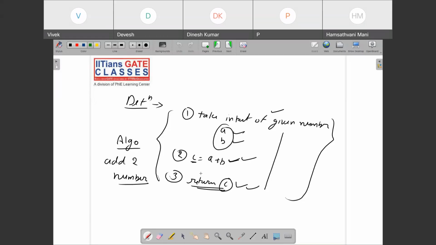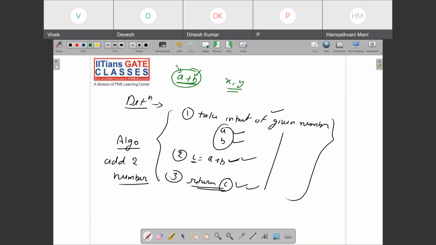For example, a very simple example: I want a summation of two numbers. Okay, I want a plus b, and I want this result to be returned, right? So what is a? You will first figure out what is a, what is b, right? These are two variables. Like in mathematics, we indicate x, y, such things, right?